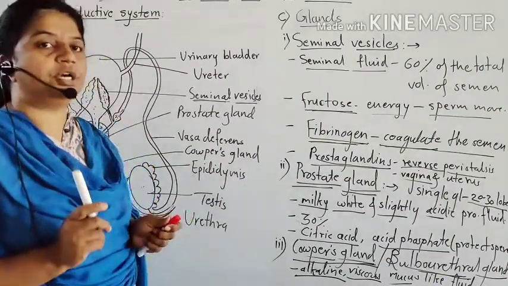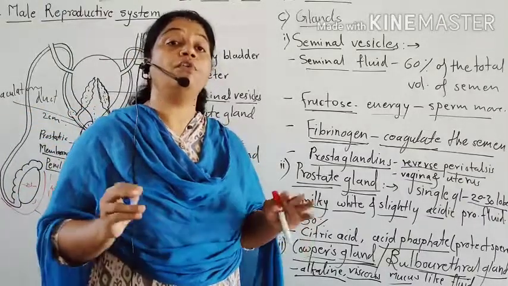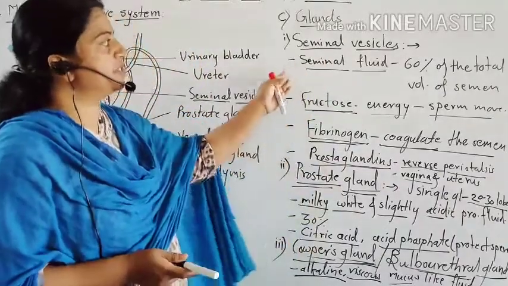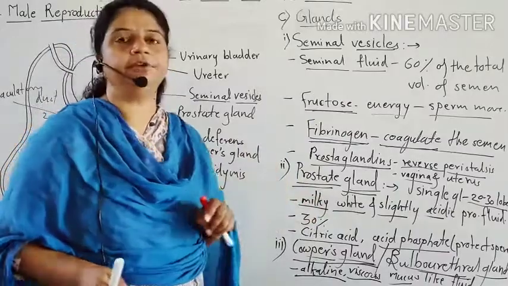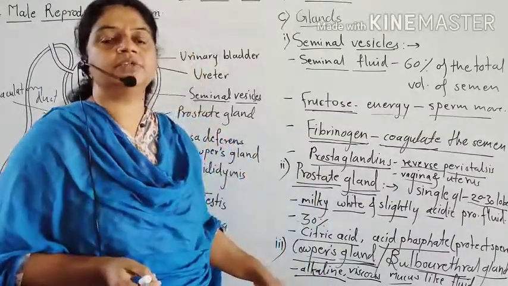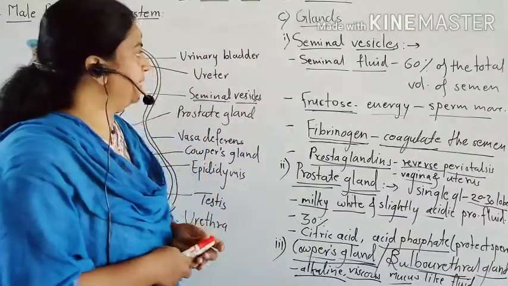One semen ejaculation is 2.5 to 4 ml. It consists of millions of sperms, and these are the constituents: 60% seminal fluid, 30% prostatic fluid, and the rest is sperm. And this corpus gland secretion is secreted before copulation.